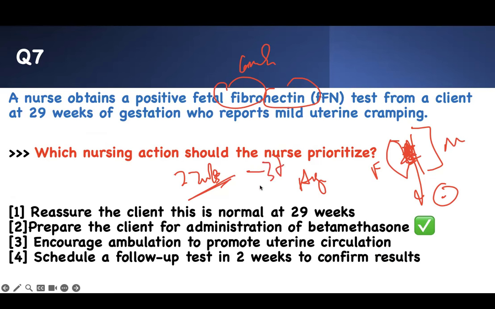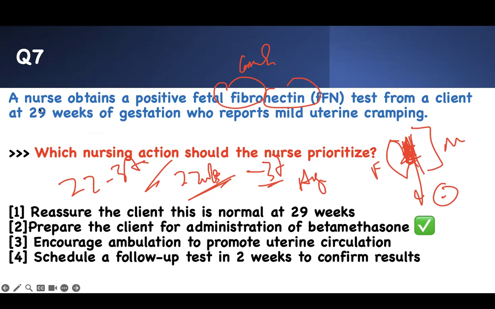Greater than 37 weeks. So from 22 weeks to 37 weeks, there should be no fibronectin. If you see fibronectin, that means the glue is leaking. If the glue is leaking, the baby is going to come out. That is preterm labor. So presence of fibronectin means preterm labor between 22 and 37 weeks.